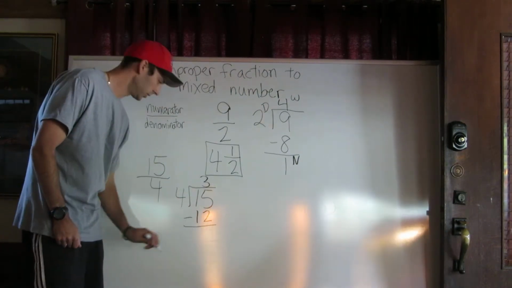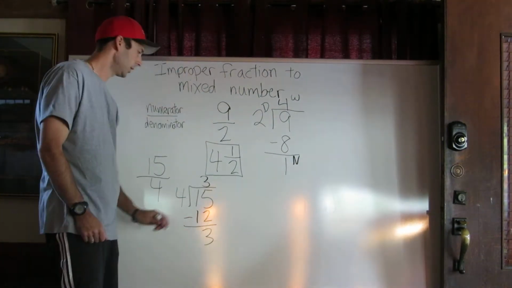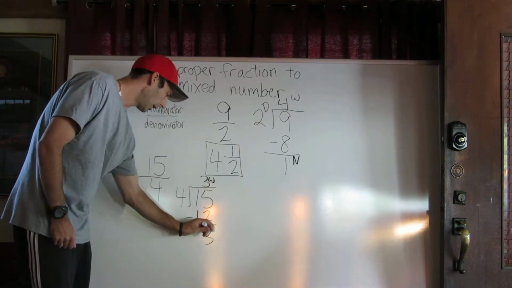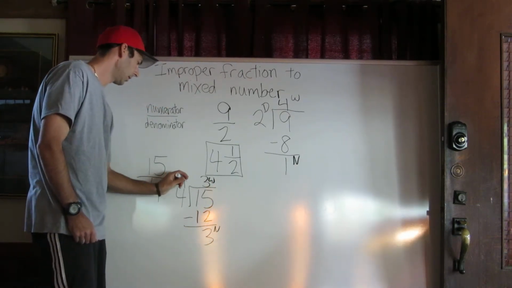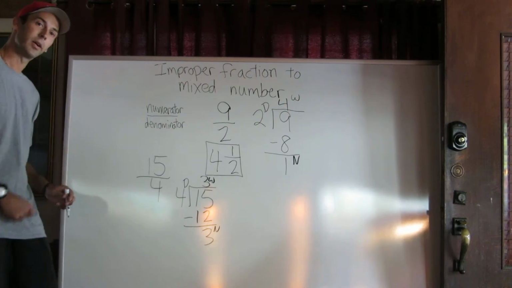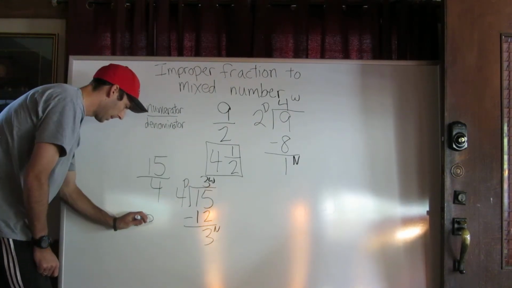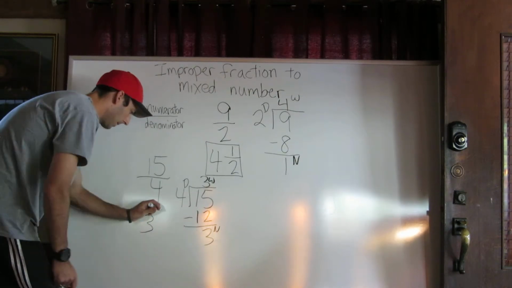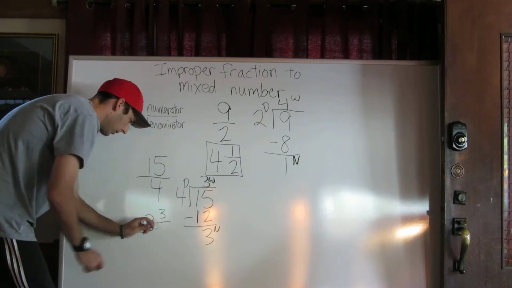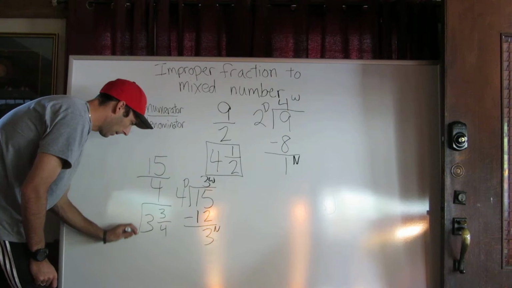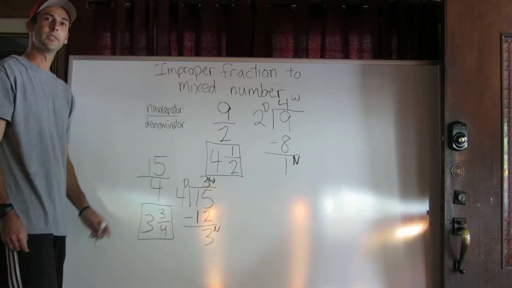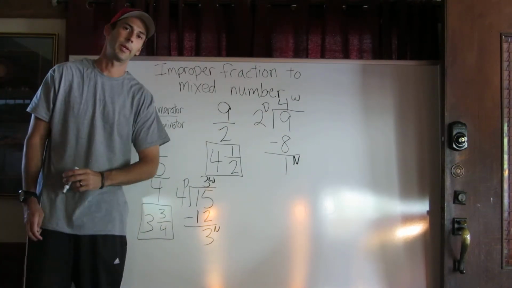Subtract, 15 minus 12 is 3. We now have our whole number, our numerator, and our denominator, and we can rewrite our improper fraction as a mixed number of 3 and 3/4. That is how you change an improper fraction to a mixed number.